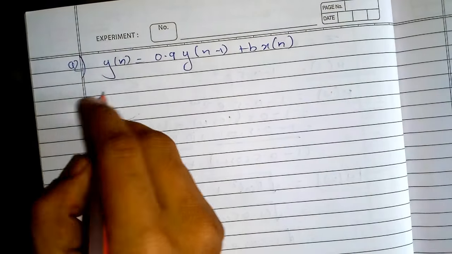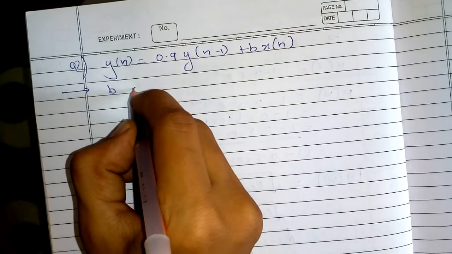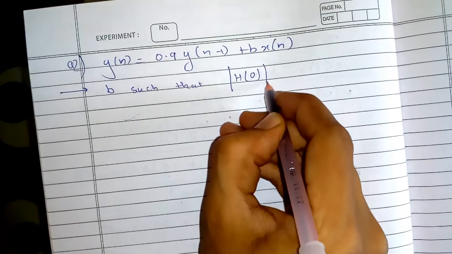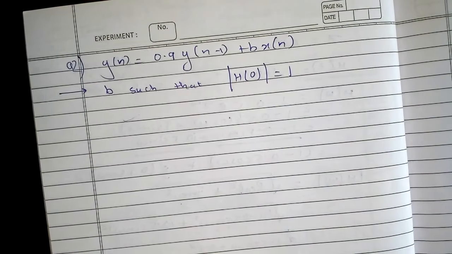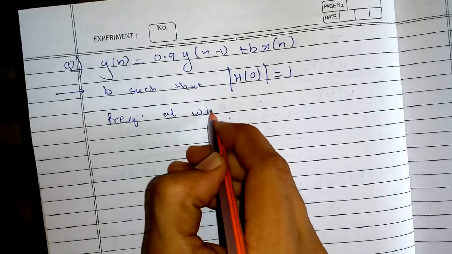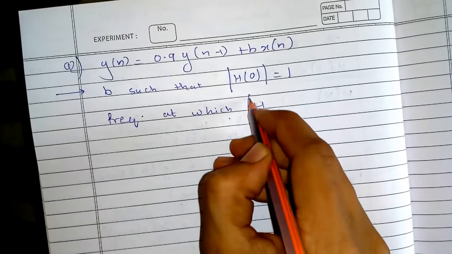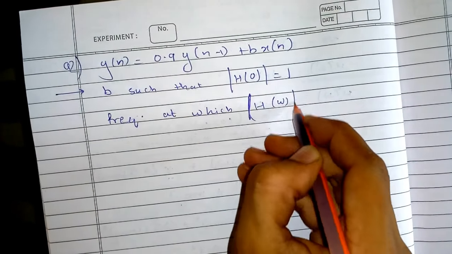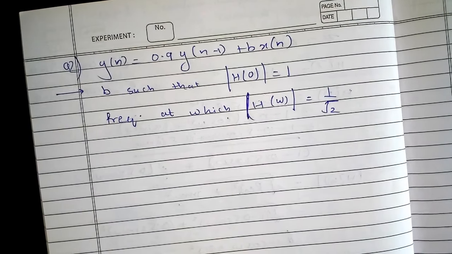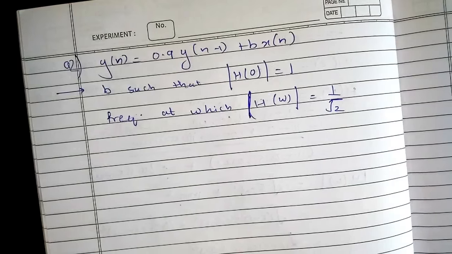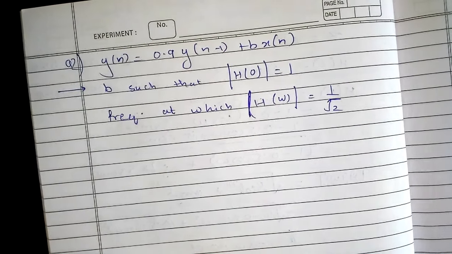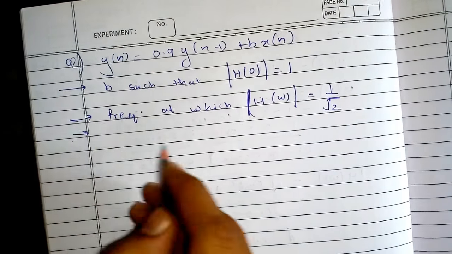Now we have to find b such that magnitude of H(0) equals 1, and we also have to find the frequency, that is omega, at which magnitude of H(omega) equals 1 by root 2. And then finally we are asked to identify the type of filter.